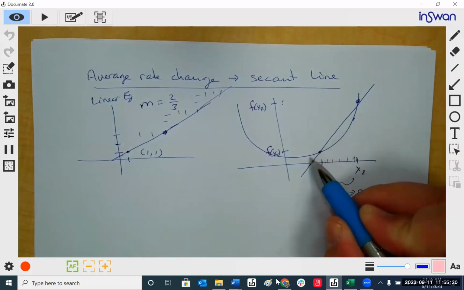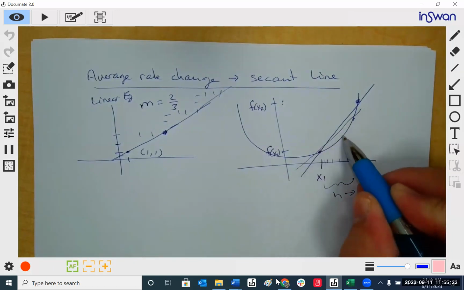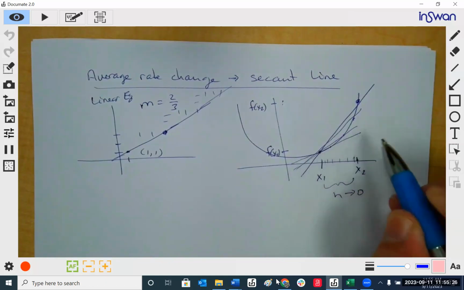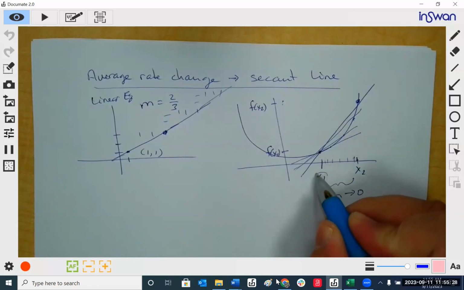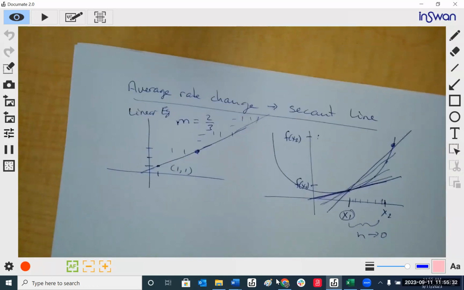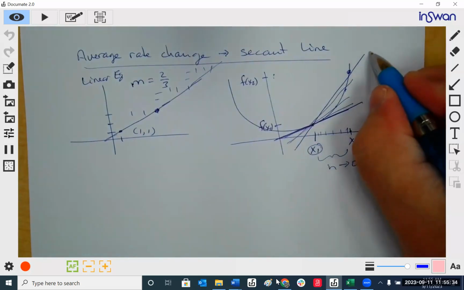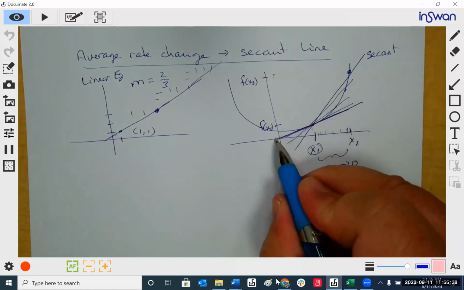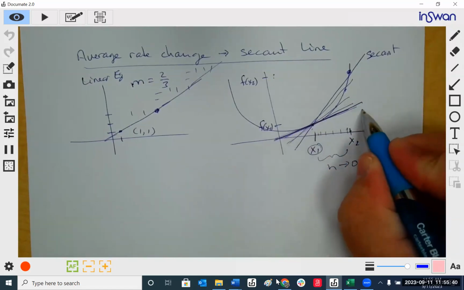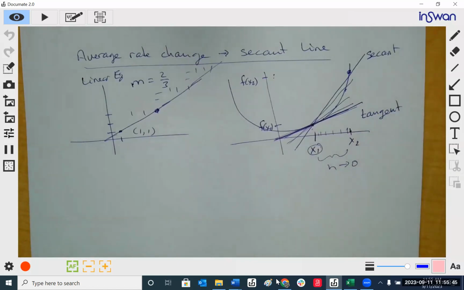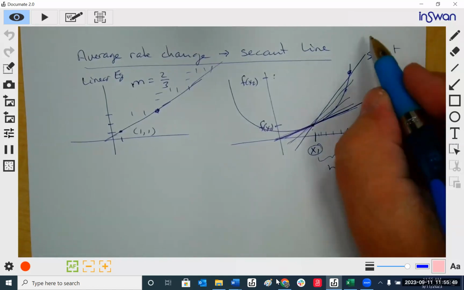As they get closer to each other, these are all secant lines. Eventually, when they get over each other, what do we have? This is a secant line. Eventually, what we're looking for is the tangent line.